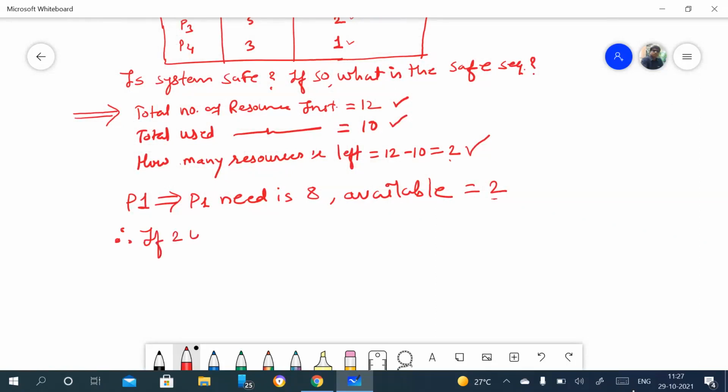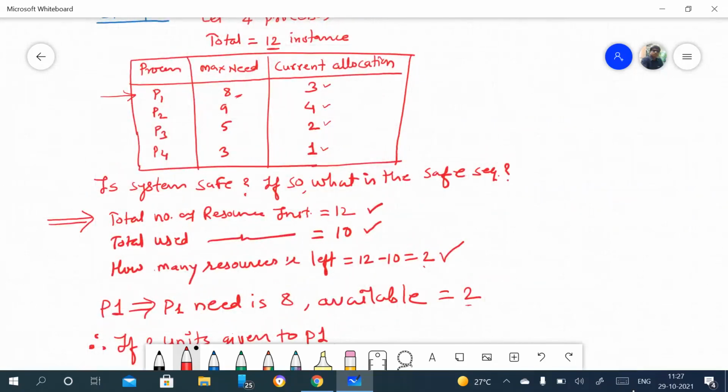So if 2 units are given to P1, then what will happen here? P1 currently has 3 resources and we are giving 2. So whatever the total is, that number will be the total allocation.